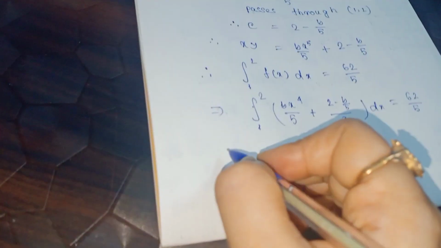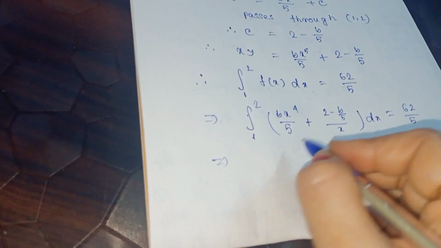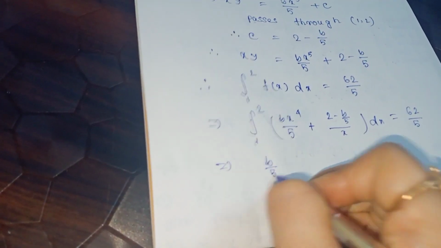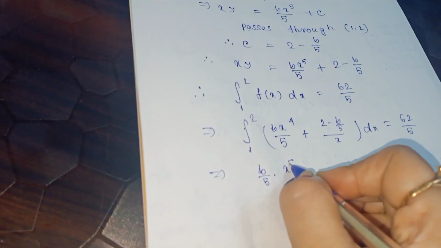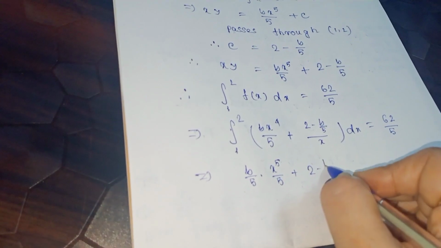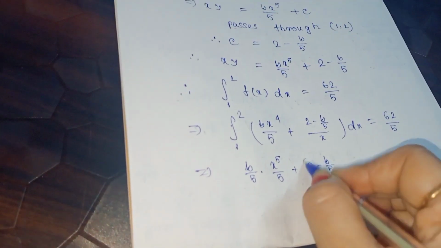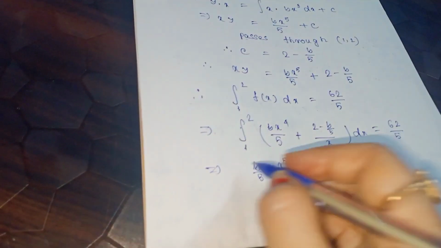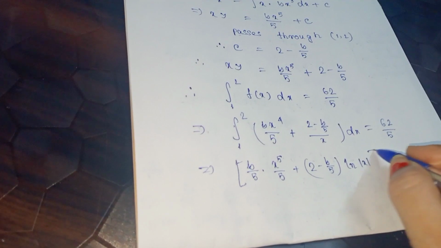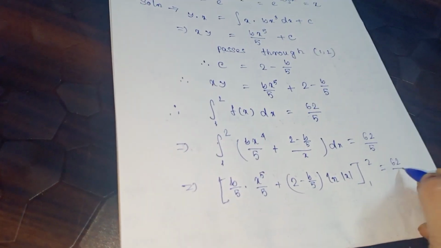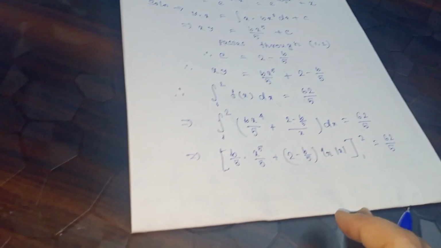So now integrating this, we get b/5 into x^5/5 plus (2 minus b/5) ln x between the limits 1 to 2, that is equal to 62/5.